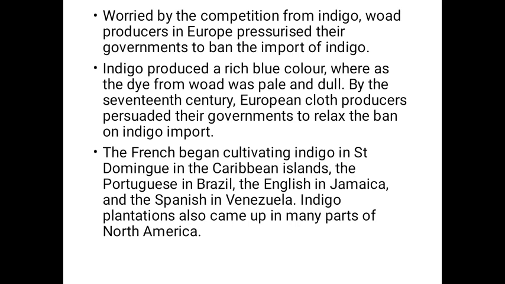The reason is that the indigo cultivated in India had great demand in the European market. In order to fulfill that demand, different countries, most importantly France, Portugal, Britain, and Spain, went on cultivating indigo, and its cultivation spread to many other parts of North America too.